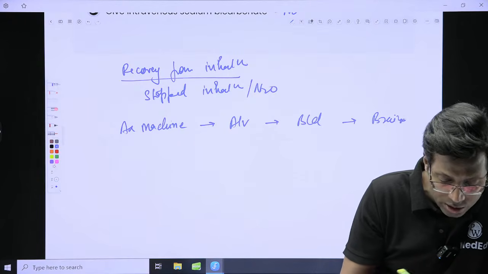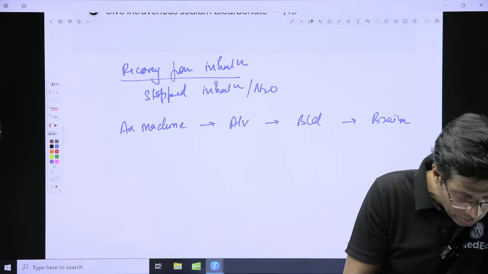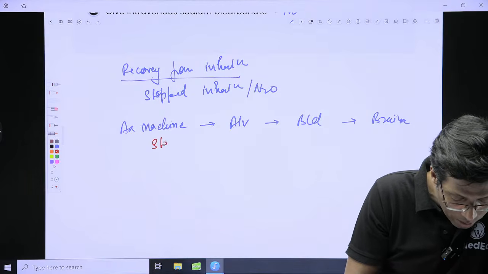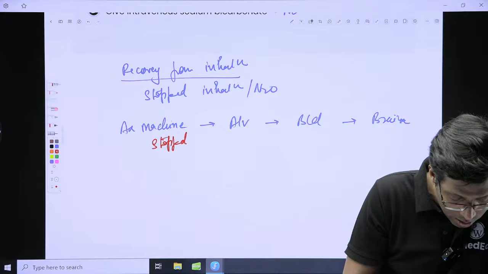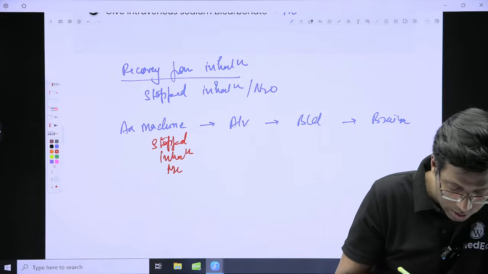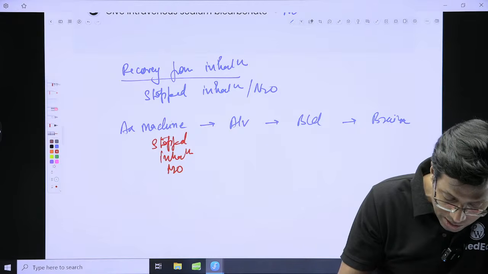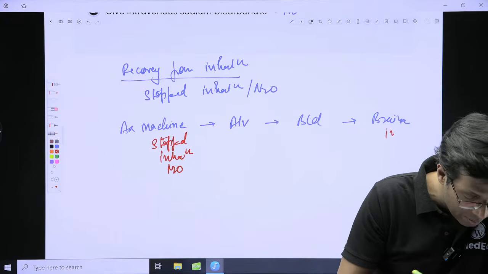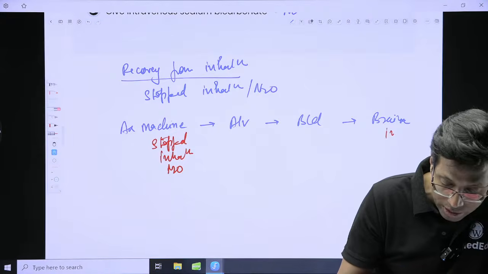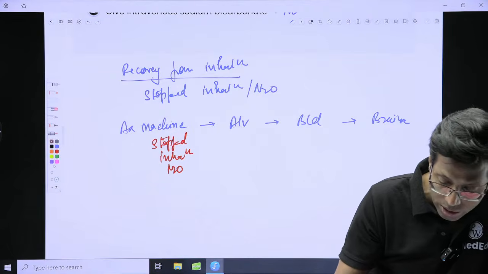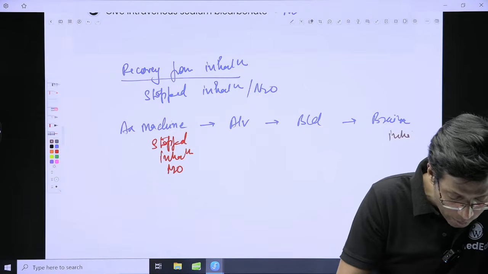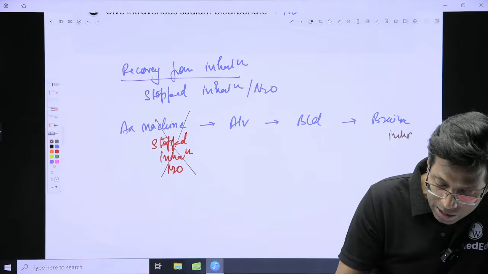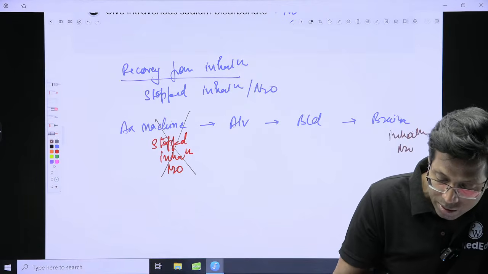So initially the whole equilibrium was maintained. Then I stopped the inhalational, the nitrous oxide, from here. So now everything is there in the brain. It is present in the brain because up to now the surgery was going on. I have stopped it from the anesthesia machine, but nitrous is still present in the brain.